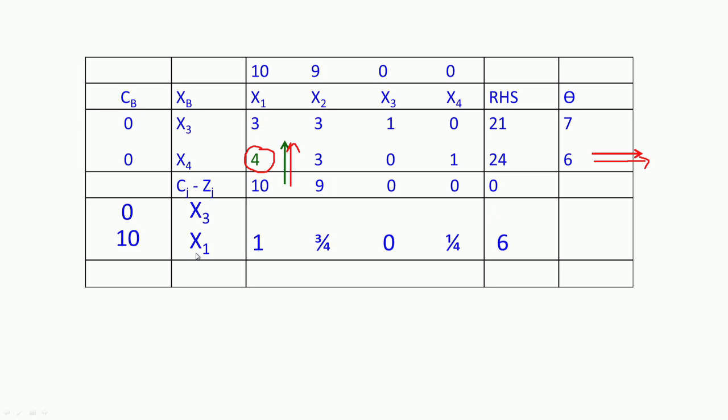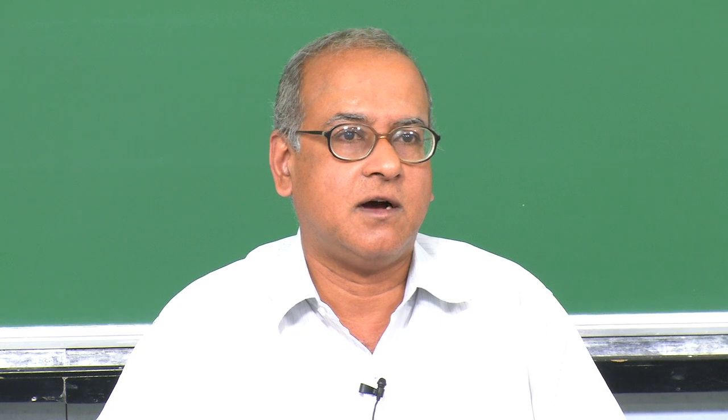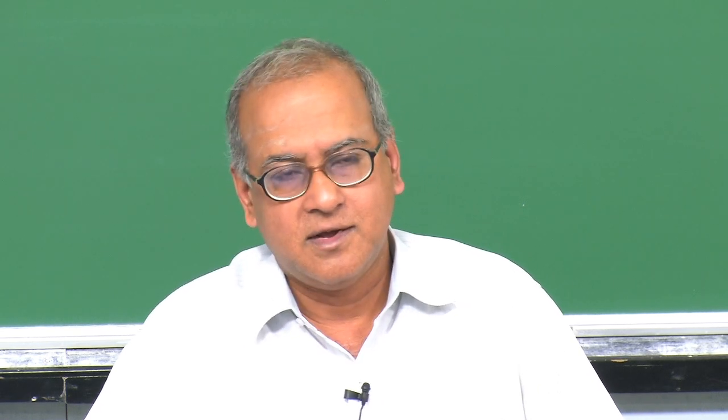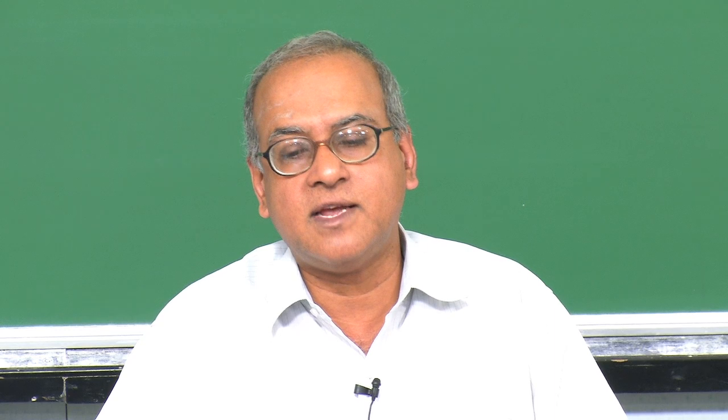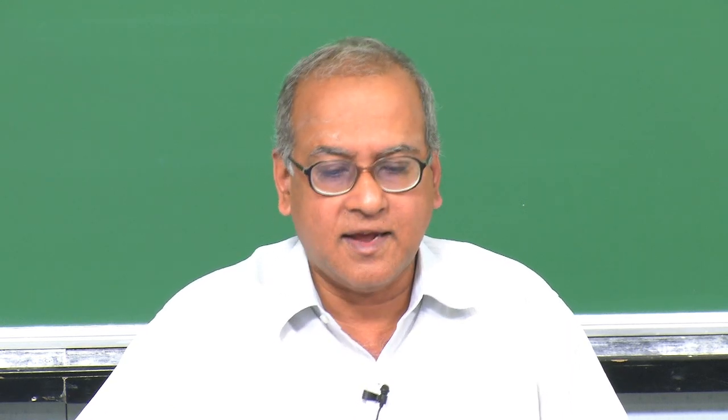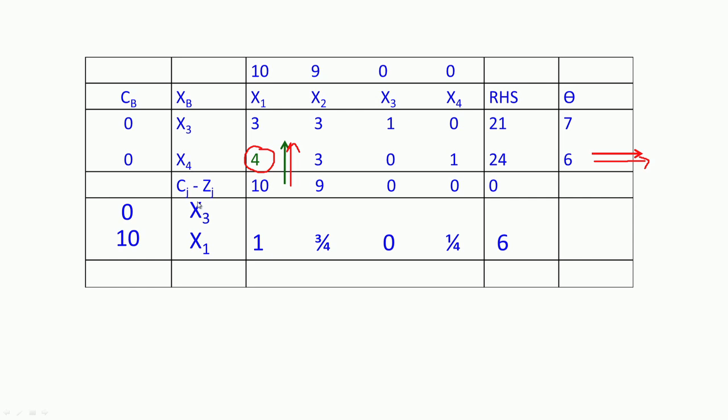Now we have to rewrite it in terms of x3. Now to do that, we do some row operations as we do in the Gauss-Jordan method of solving equations or inverting a matrix. Now what are these row operations? Now we realize that if x3 and x1 represent our solution, then just in the earlier one x3 and x4 were representing the solution, and we saw the identity matrix with x3 and x4.